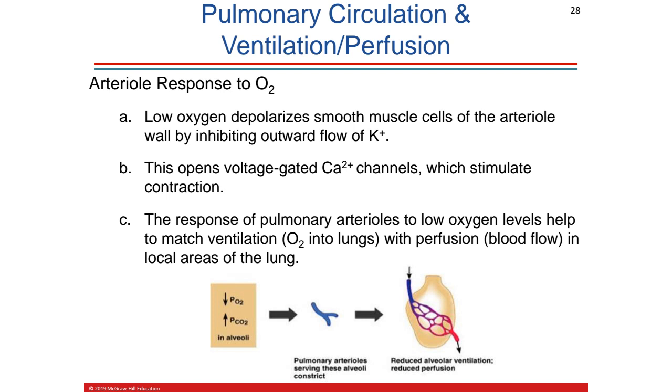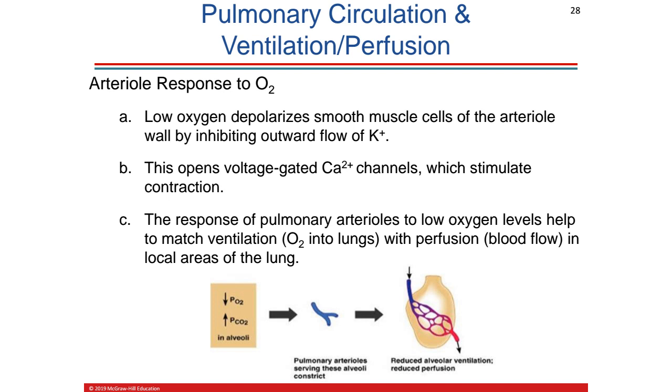The movement of positive charge out of a cell will tend to make the inside of the cell negative with respect to the outside. So if you inhibit the outward flow of potassium through these channels, which are not necessarily leak channels but are gated, in this case, by oxygen, then this would lead to depolarization of the cell.